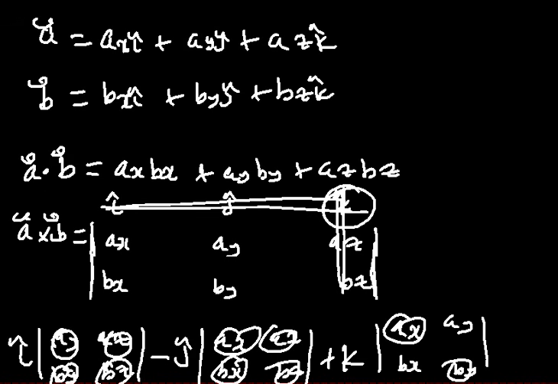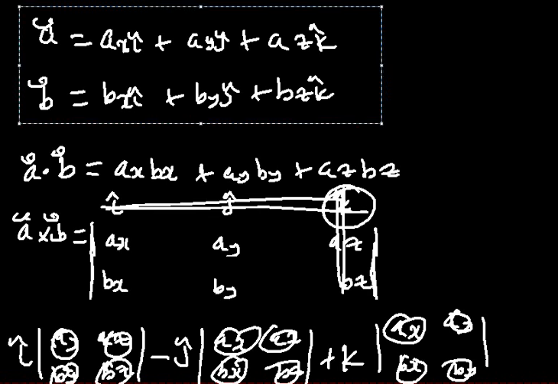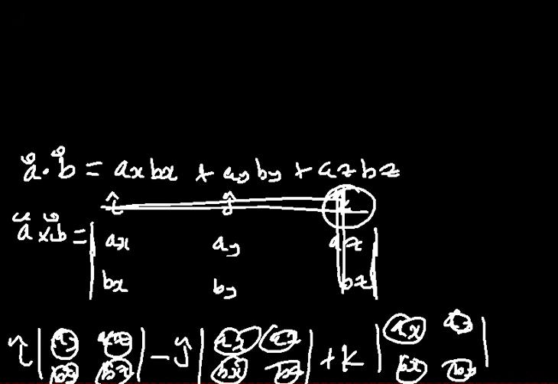So that corresponds to ay times bz, and minus by times az, and that is i minus j.